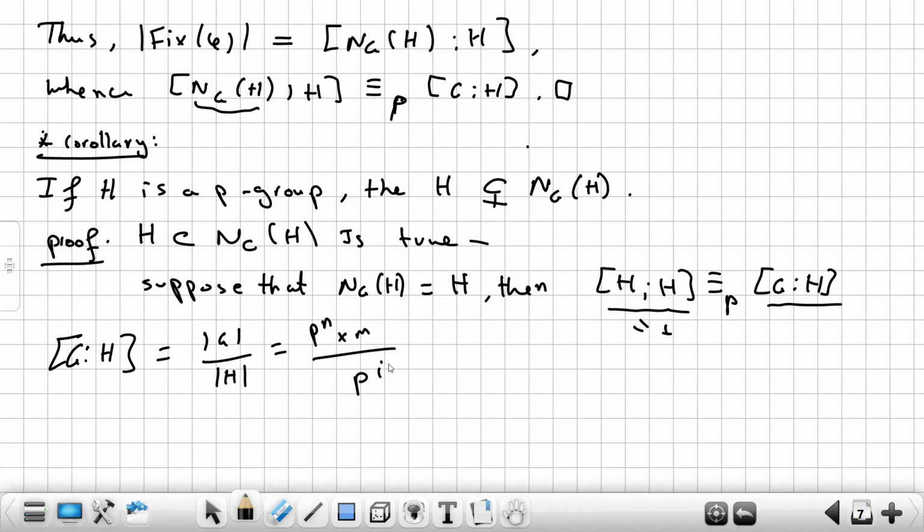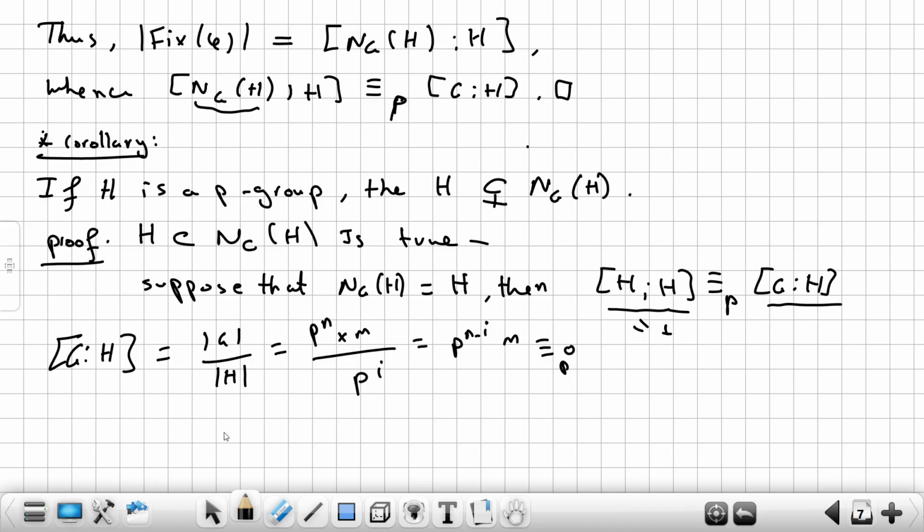Since H is a p-subgroup, the order of H must divide the order of G, and so the order of G can be written as p^n times m, where the GCD of p and m is equal to 1. That is equal to p^(n-i) times m, which is congruent to 0 modulo p.